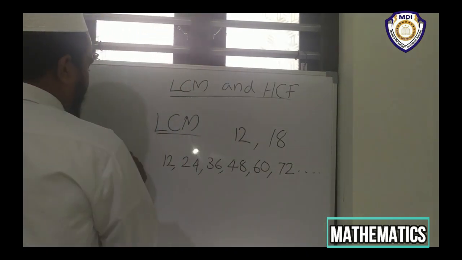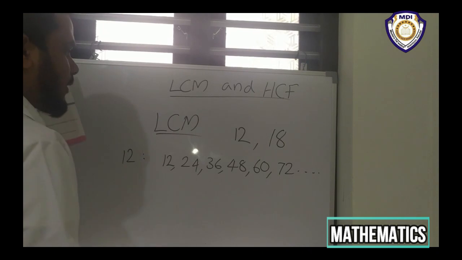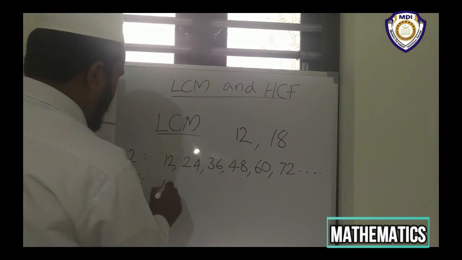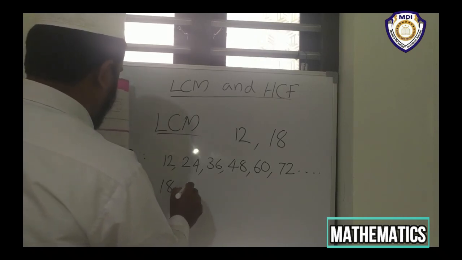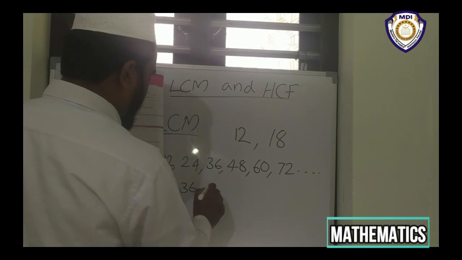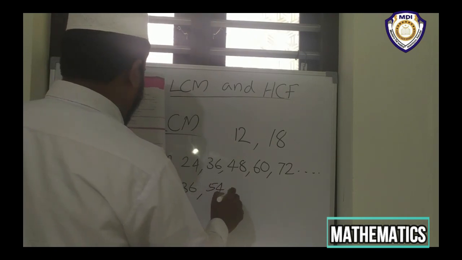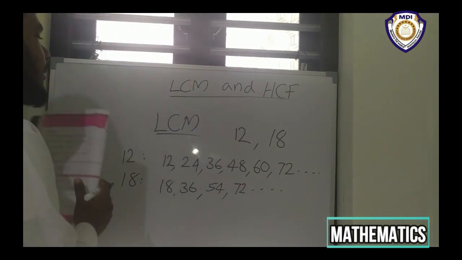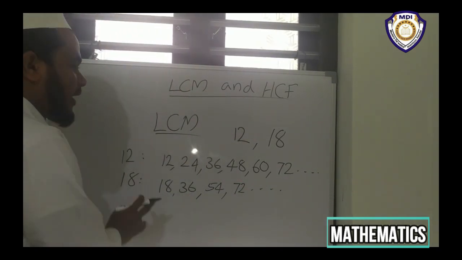These are the multiples of 12. Then multiples of 18: 18, 36, 54, 72. Okay, these are the multiples of 18.